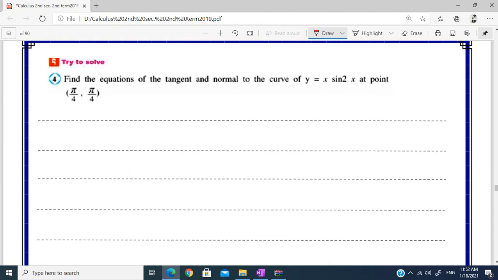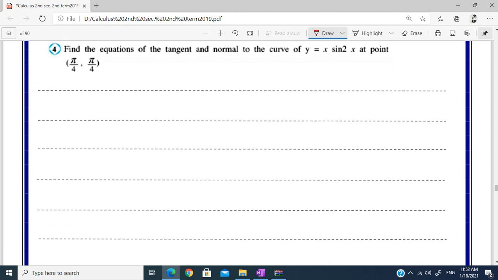Another one: find the equation of tangent and normal to the curve y equals x sine 2x at the point (pi/4, pi/4). We have the point, so I will find the first derivative first. So dy by dx equals x, the first, times the derivative of the second, 2 cosine 2x, plus the second, sine 2x, times the derivative of the first, which is 1.